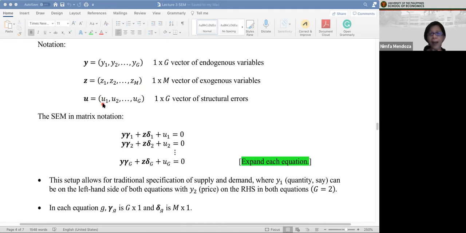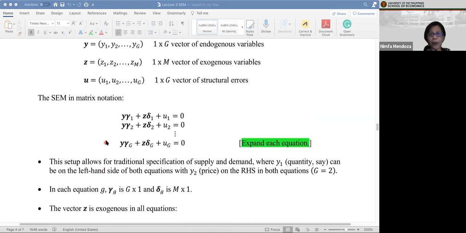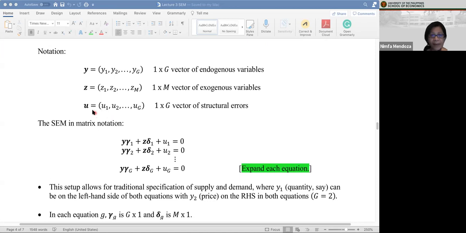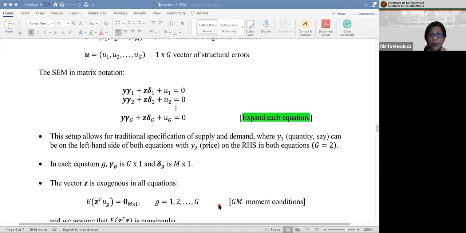But that relationship must be similarly true for the other equations. So for the second equation, U sub 2 is uncorrelated with C sub 1, U sub 2 is uncorrelated with C sub 2, U sub 2 is uncorrelated with C sub M. Therefore, how many moment conditions do we have?